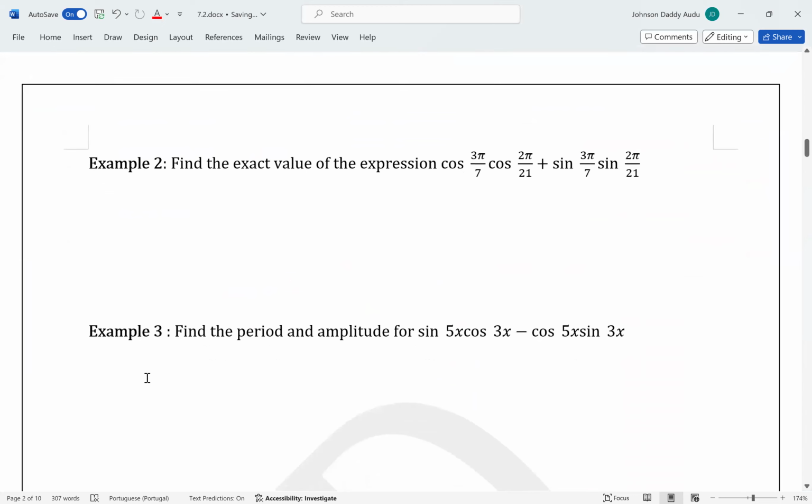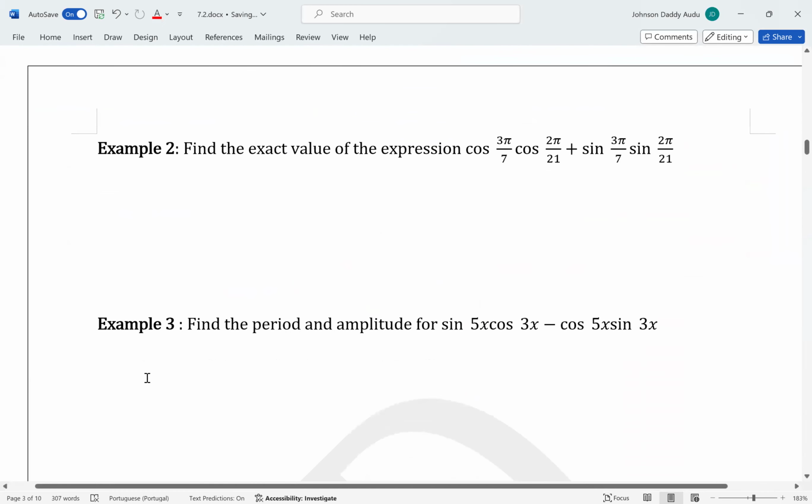All right, so let's do more examples. Now, look at example 2. Example 2 says, find the exact value of the expression, this. Now, if we look at these numbers here, this is 3 pi over 7, this is 2 pi over 21. So we can see the angles are exactly the same, right?